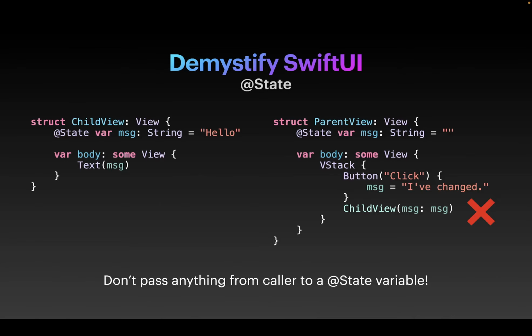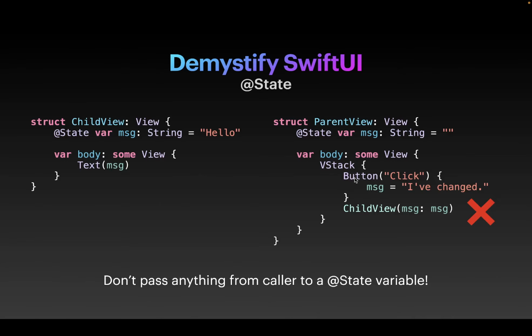And on the right, we have a parent view. Again, we have a message marked as @State, and a VStack with a button and a child view. When I click on the button, I want to change the message.